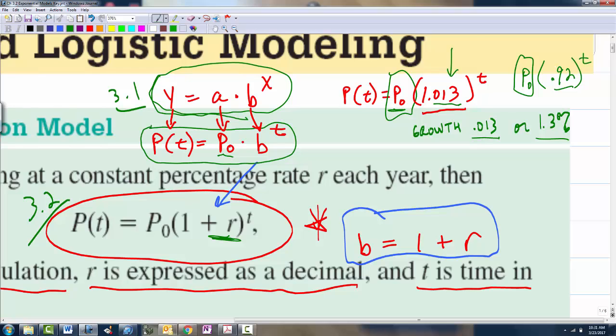It decreases 8% per year, right? Or 0.08. That's how much you lose. If you have 100 people in this population, what's 100 times 0.92? It's 92. That's 92 is the answer. How many people did you lose? 8. Where'd they go? I don't know.